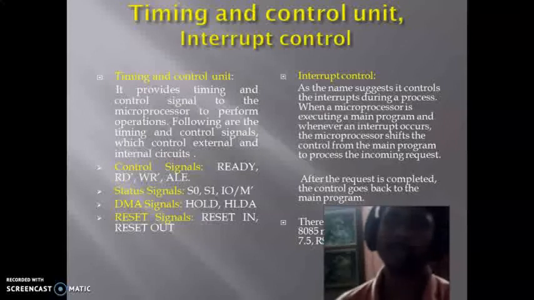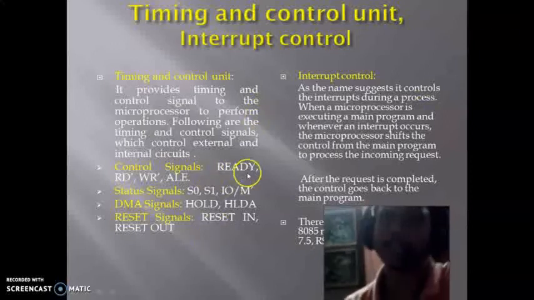At the same time, if the microprocessor wants to write some data into a particular memory, it will send a write signal to the memory so that it can write data into a particular address. So these are the timing and control signals by which we can control the different functions of the 8085 microprocessor.